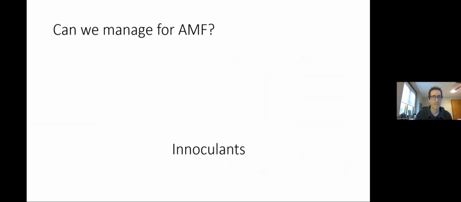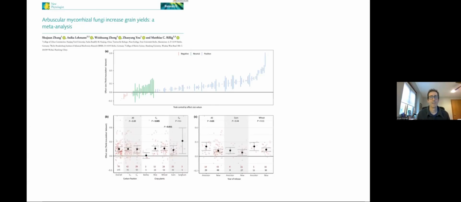While it's fairly difficult to observe in any given study, when we look at a meta-analysis, a preponderance of studies over time, the top graph is the effect size in any given study. Sometimes we do see a negative response. Somewhat frequently, we see a neutral to no response, but there are also quite a few times where we see a positive response, and that's the preponderance of studies themselves.